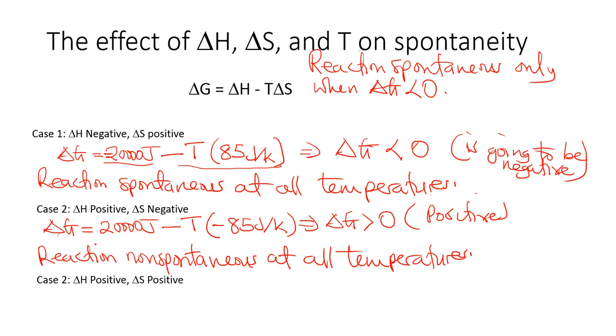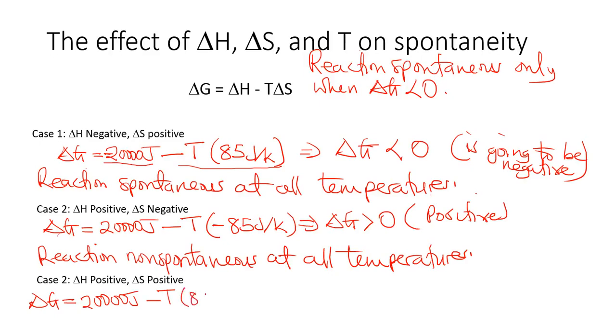Let us look at case number 3. Let me use numbers again. Delta H in this case is positive, so we have delta G equal to, let's say, still 20,000 joules minus T delta S, where delta S is also positive.